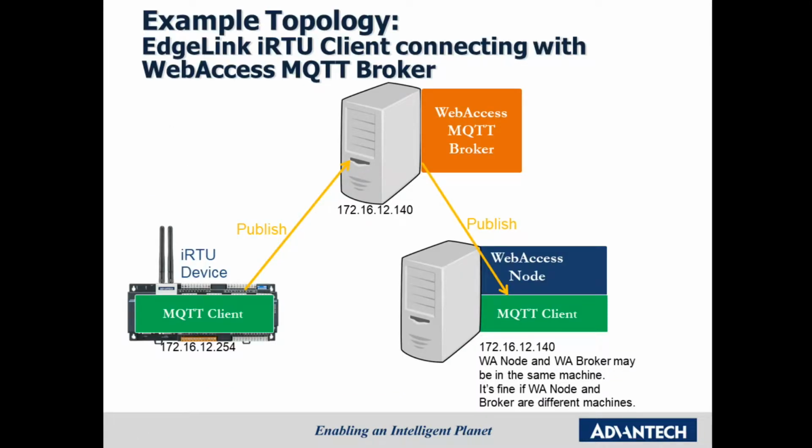So here is an example topology. EdgeLink's iRTU client connects with the WebAccess MQTT Broker. We illustrate it like this: the EdgeLink MQTT client connects with this WebAccess MQTT Broker, and WebAccess has another node, which is used as an MQTT client to subscribe from the MQTT Broker.